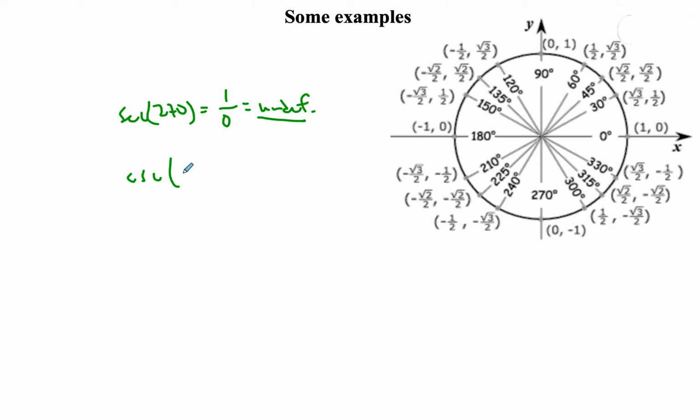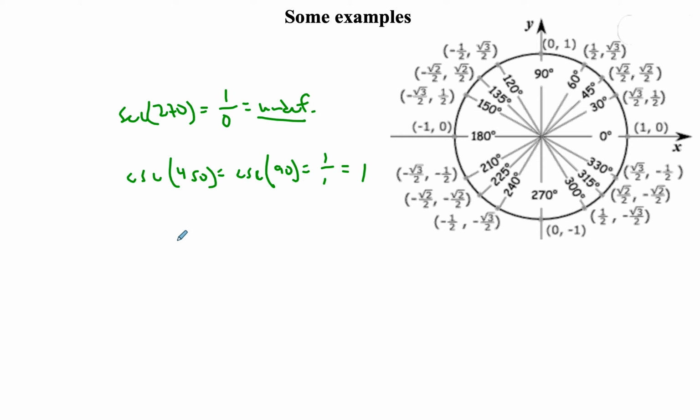Let's say it's the cosecant of 450 degrees. Because it's more than 360, I subtract 360, so it's the cosecant of 90. So what's the reciprocal of 1? It's just 1. Okay, so that wasn't too terrible, actually.